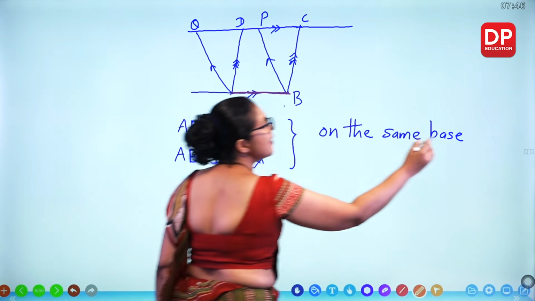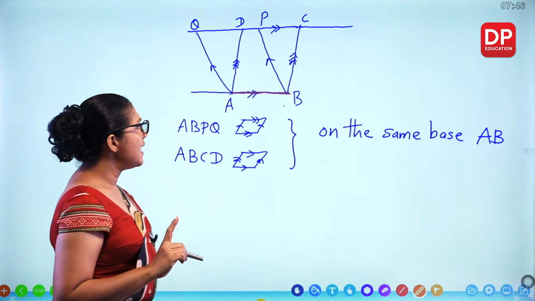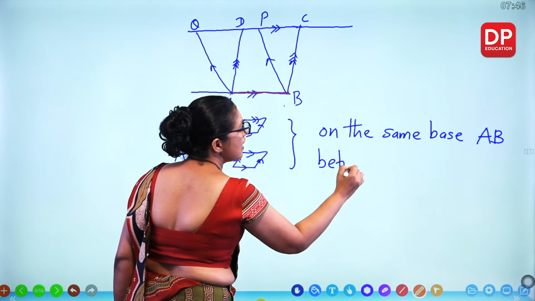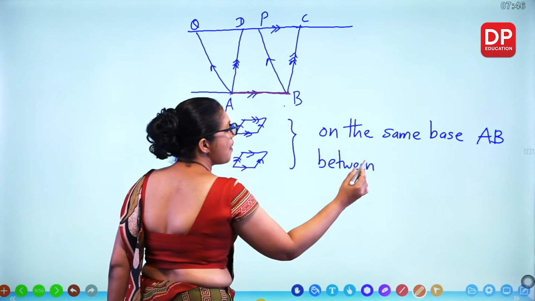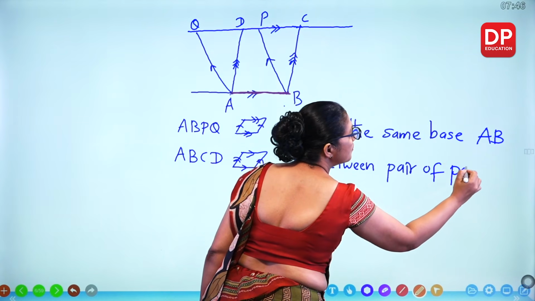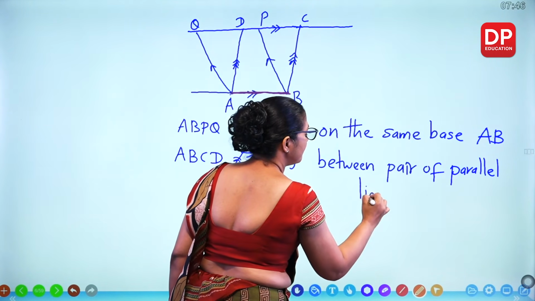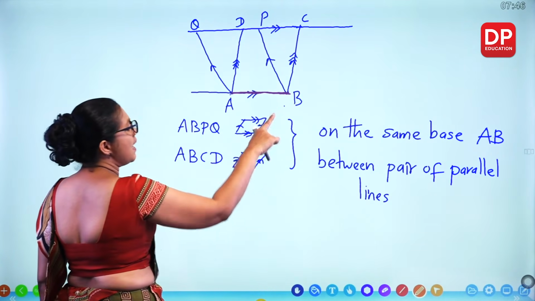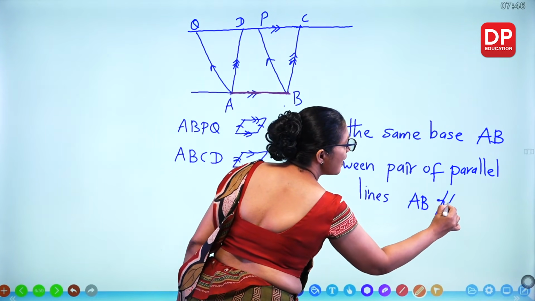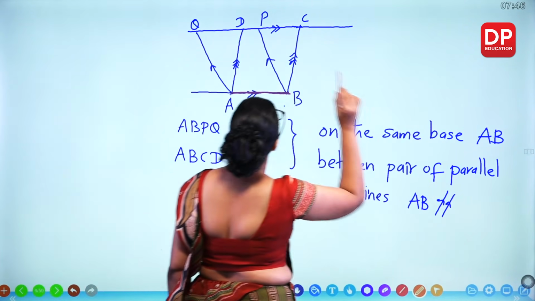What's the base there? AB. Same base and between a pair of parallel lines, AB and, I can write like this, AB and CQ or QC.